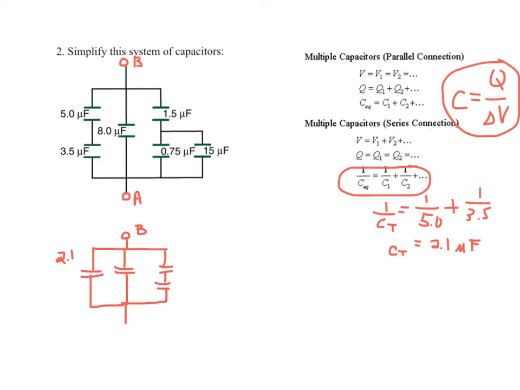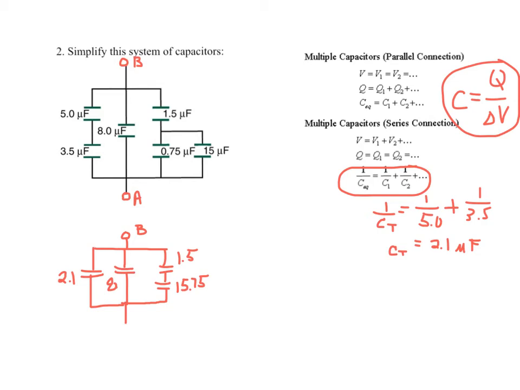On the far left, this is the combined calculation we just did. That's 2.1 microfarads. In the middle, that's still the 8.0. On the far right, I still have the 1.5. These are all micros. But the one on the bottom right, I've combined the 15 plus the 0.75. That's 15.75.